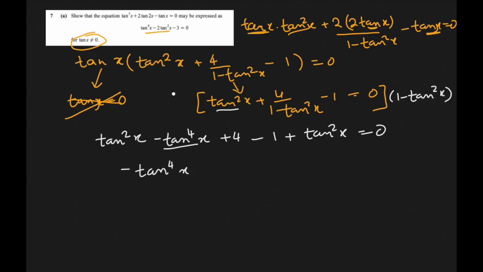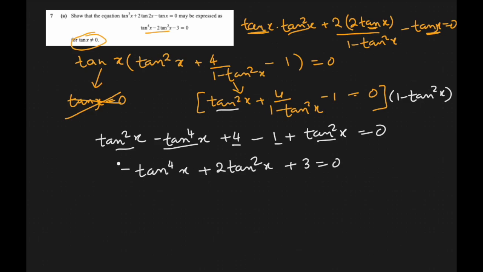Then I will write this tan square and tan square. There are two tan square x, and then we have 4 minus 1, 3 equal to 0. The format is correct, but the signs are different.